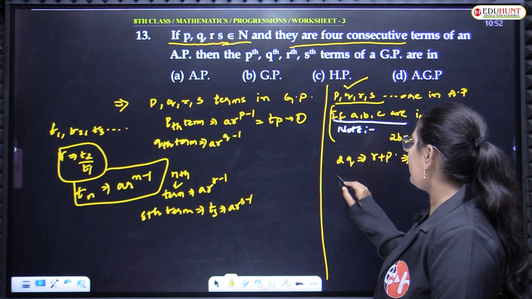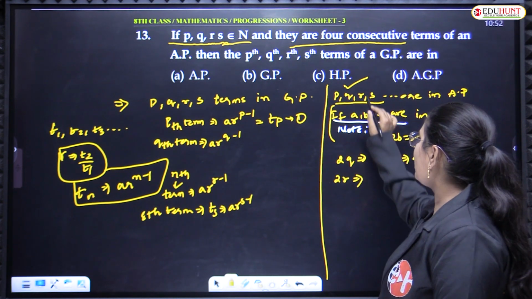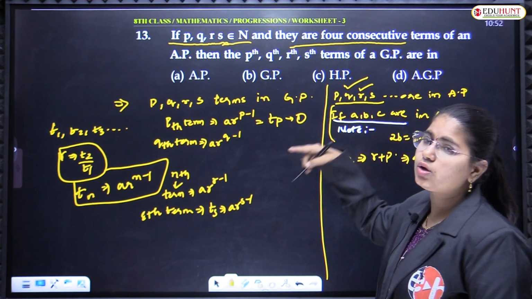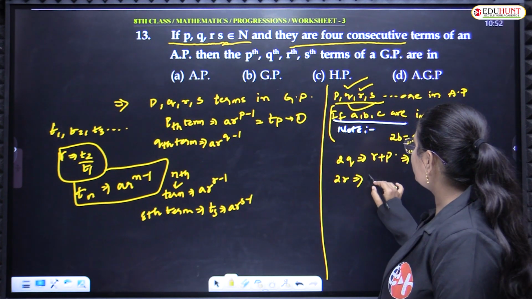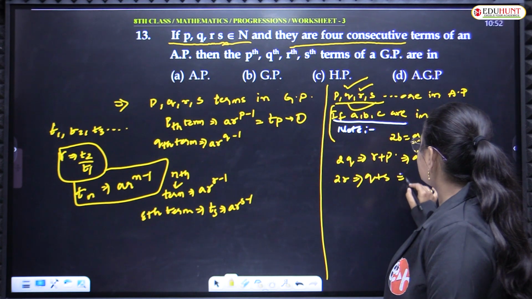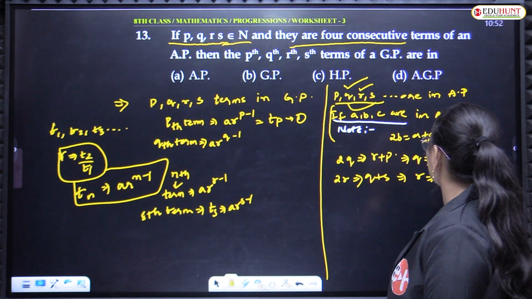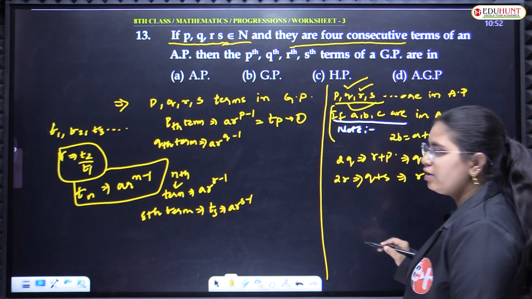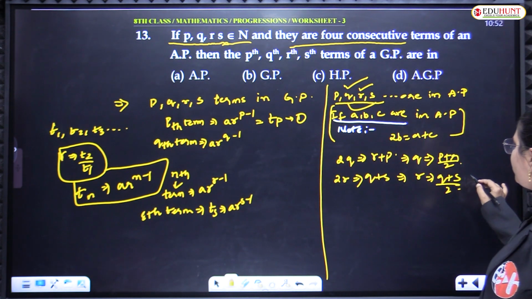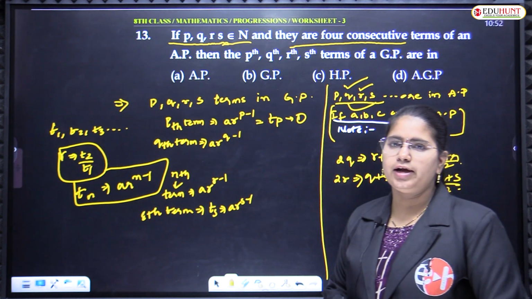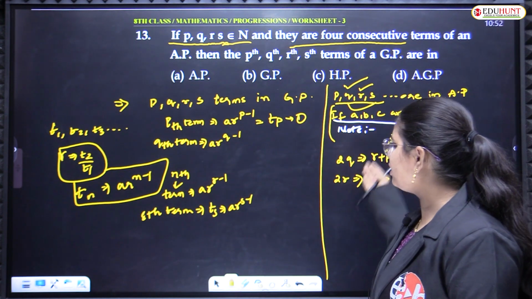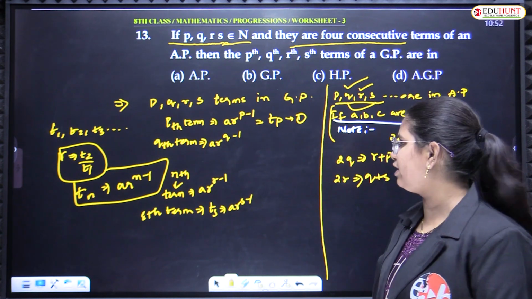Similarly, we also have 2R is equal to Q plus S, since R is also a middle term between Q and S. So R is equal to Q plus S by 2. If these terms are in AP and GP, we can write like this.